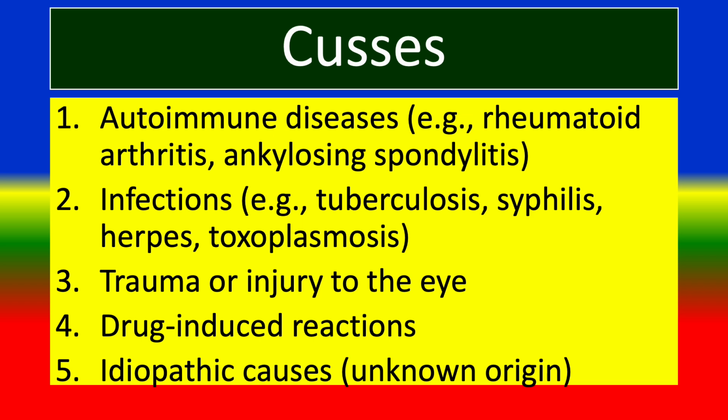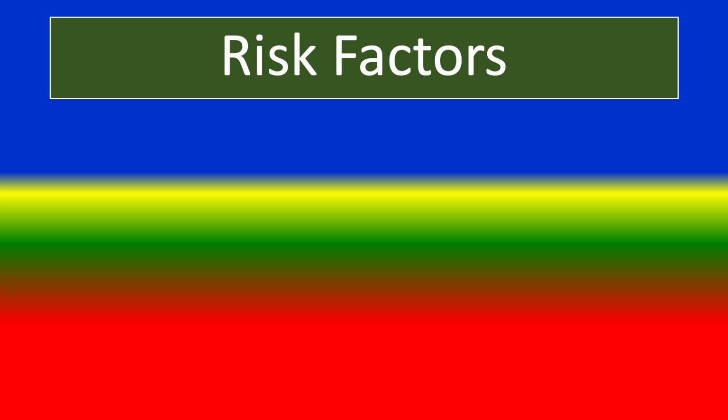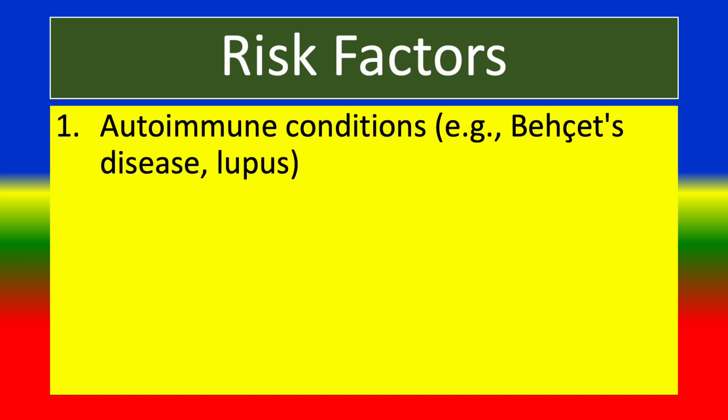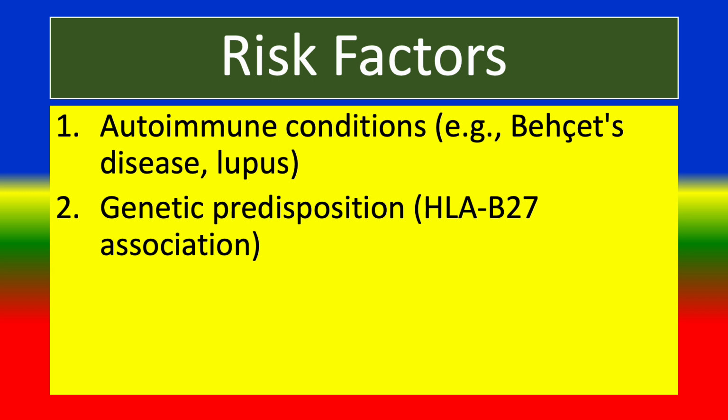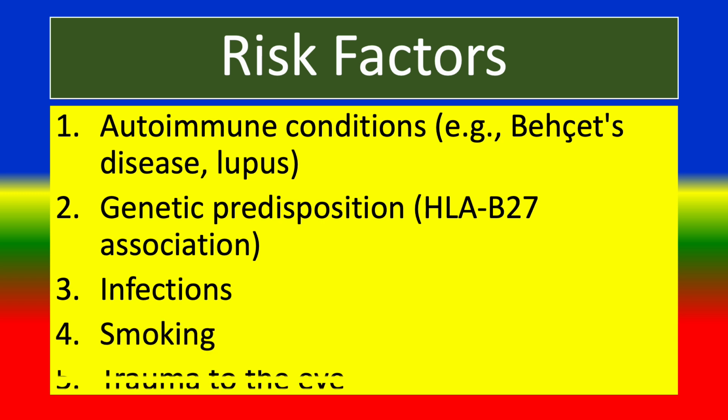Idiopathic causes or unknown origin. Risk factors: 1. Autoimmune conditions, example lupus. 2. Genetic predisposition, HLA-B27 association. 3. Infections. 4. Smoking. 5. Trauma to the eye.